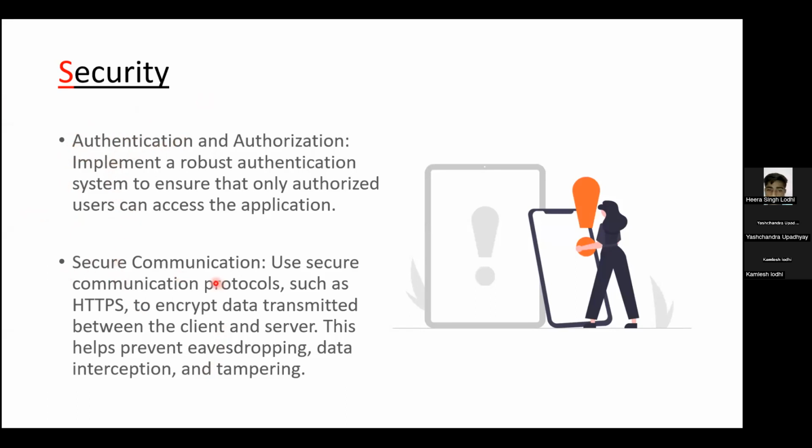And secure communication: secure communication means we are transferring data from the client computer to the server. We are using an HTTPS connection as the protocol to transfer data in the form of encrypted data between client and server. So these are the security features in our application.